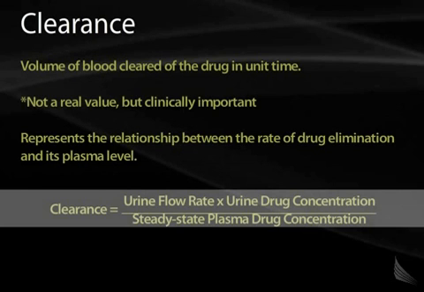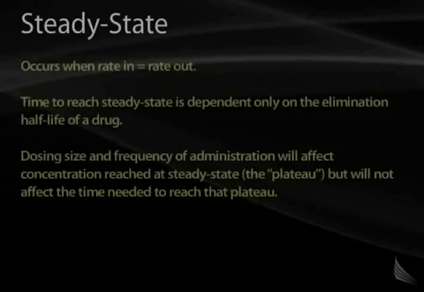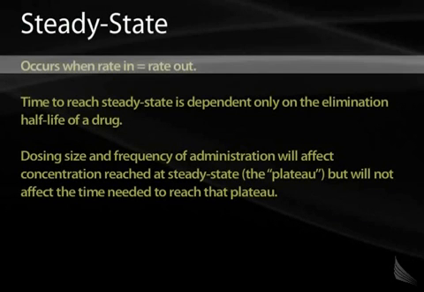Most likely you will not have to calculate this on Step 1, but it's important to remember what the concept of clearance is. The steady state concentration occurs when the rate of the drug in equals the rate of the drug out, meaning how quickly is it being administered versus how quickly is it being broken down or eliminated.